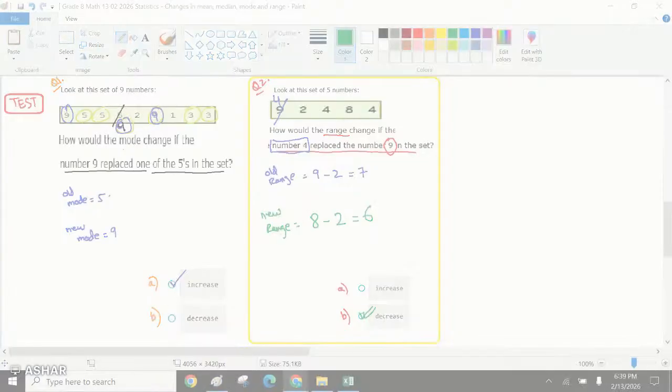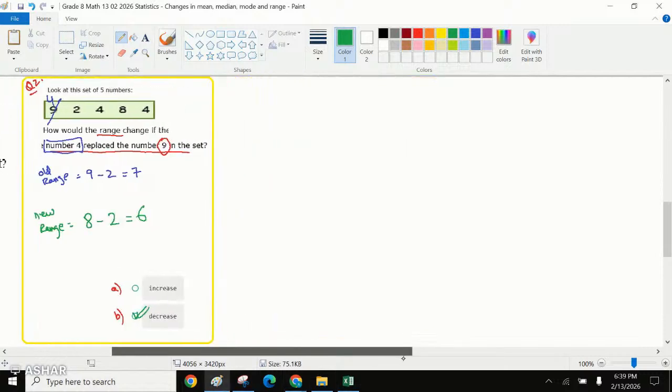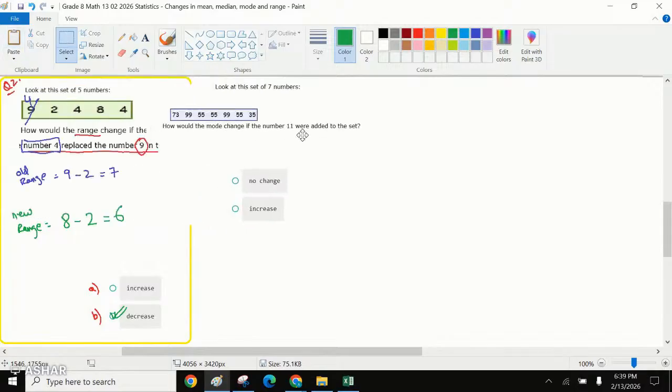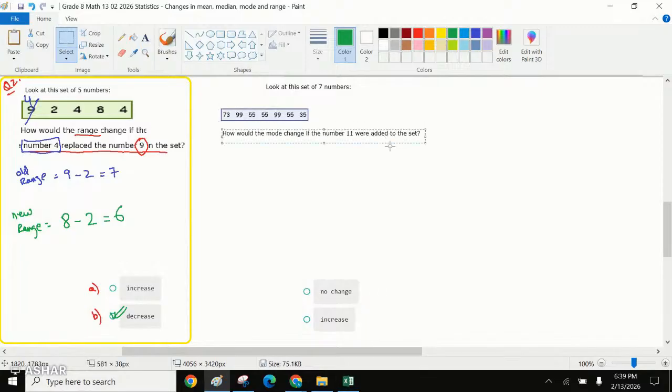So when we look at the next set of numbers, we want to see the mode. Okay. For the next question, question number 3, what will happen if we change the mode? Let's see with the next question. Just a moment.